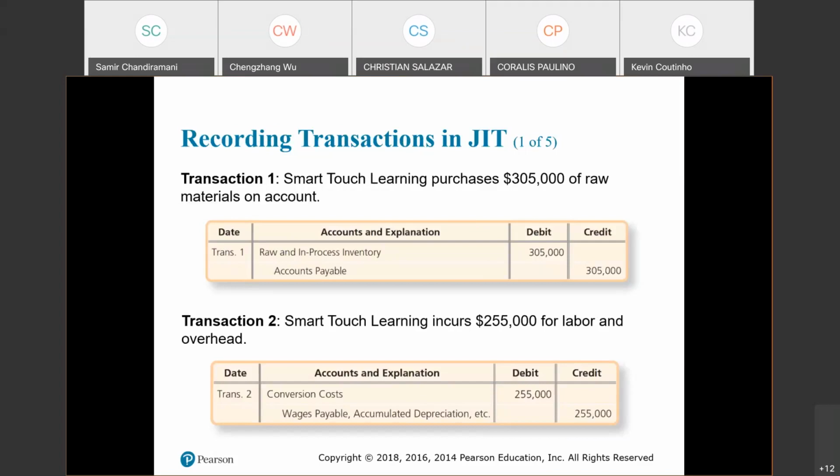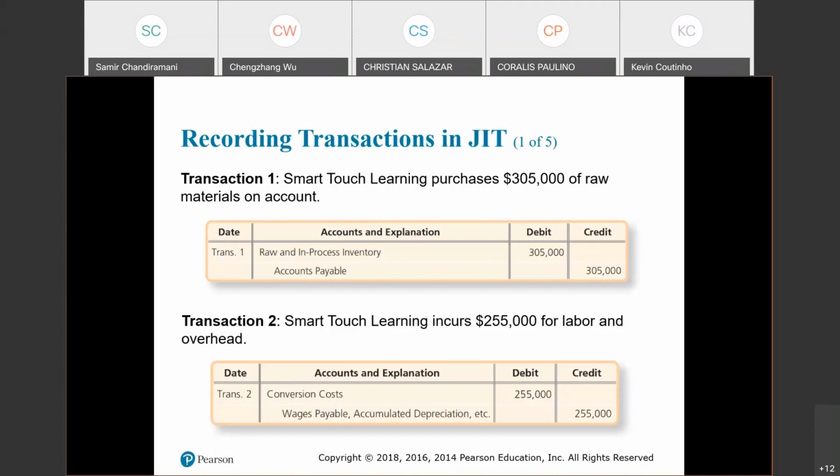To illustrate the JIT accounting, I will continue with our fictitious company example, Smart Touch Learning. Smart Touch Learning purchases raw materials to be used in the production of touchscreen tablet computers. These costs are recorded in the raw and in-process inventory accounts.